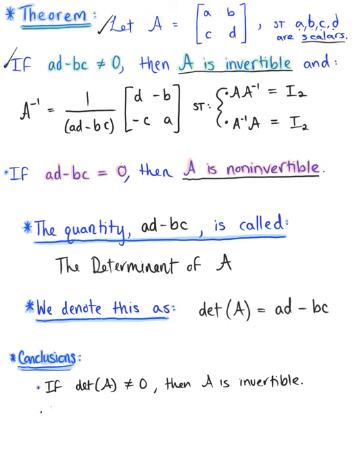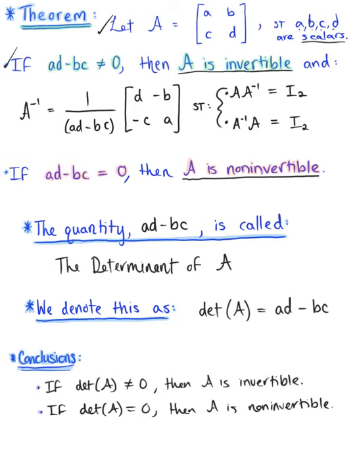Now, we're also observing that if the determinant of matrix A is equal to 0, then matrix A is non-invertible or singular. So if matrix A is non-invertible, the corresponding matrix equation is going to have infinitely many possible solutions.